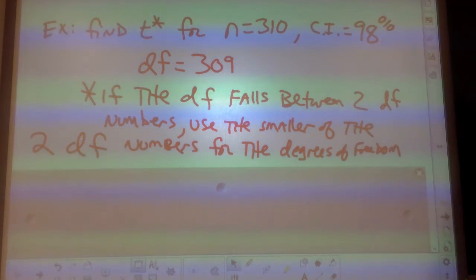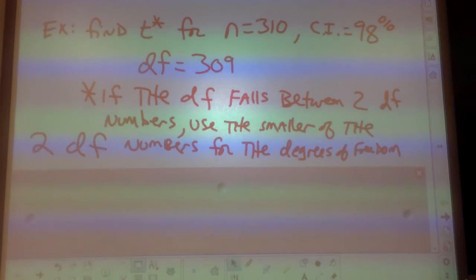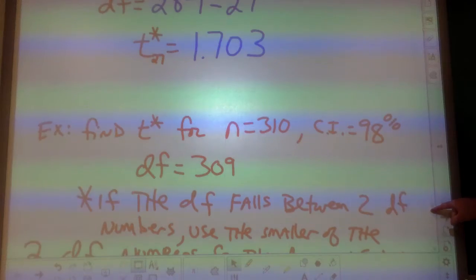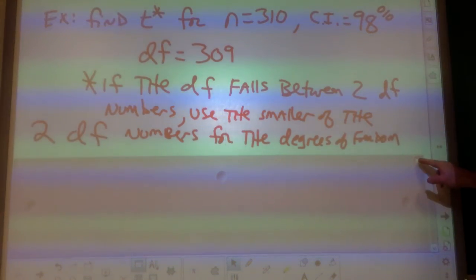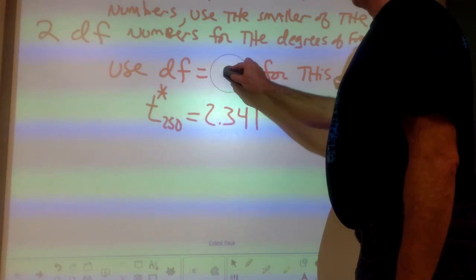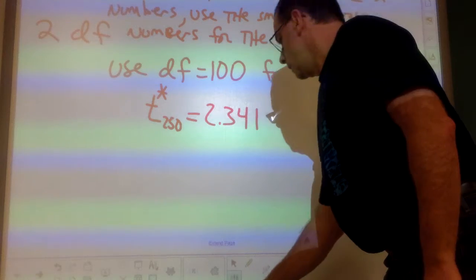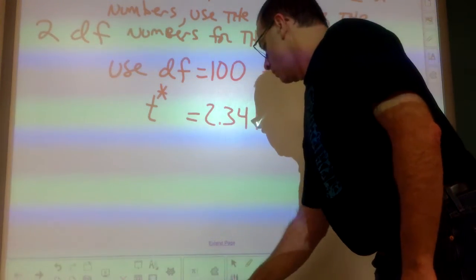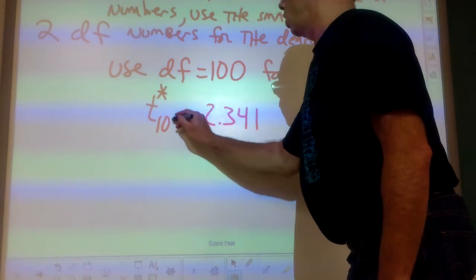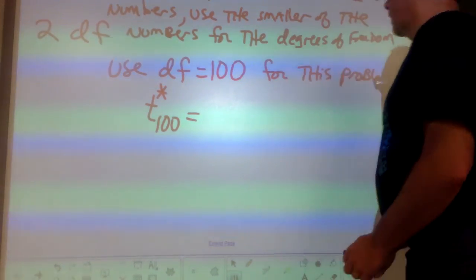So what do we know? If the degree of freedom falls between two numbers, use the smaller of those two numbers. So for this chart, which is different than the back of our book, we have to use a degree of freedom equal to 100. So a T star for a degree of freedom of 100, because that's for this chart, and it's the chart that you're going to have as well.